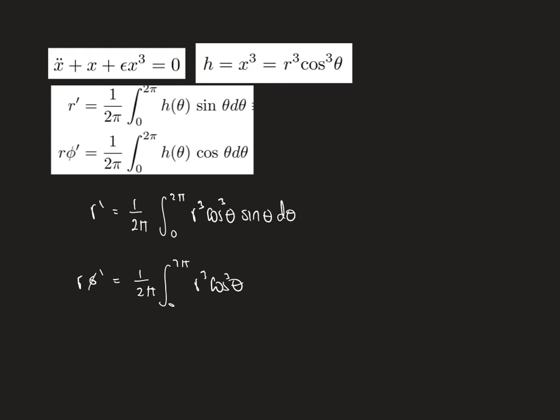Actually, this is cosine to the 4, d theta, and this is equal, so this is 0.